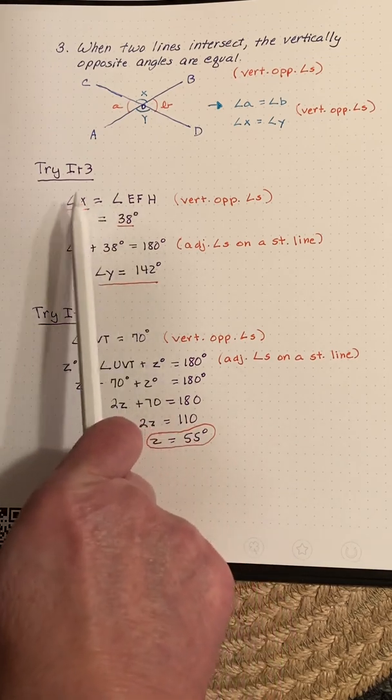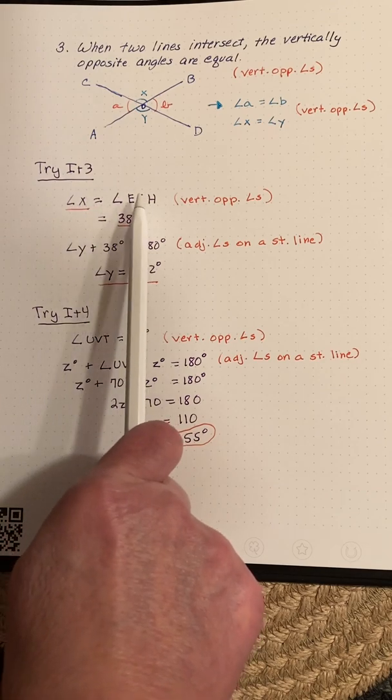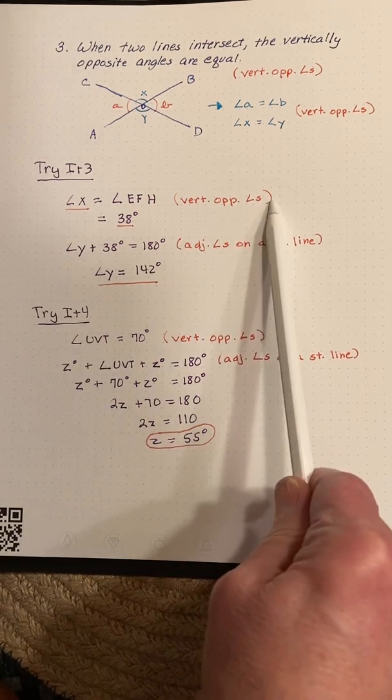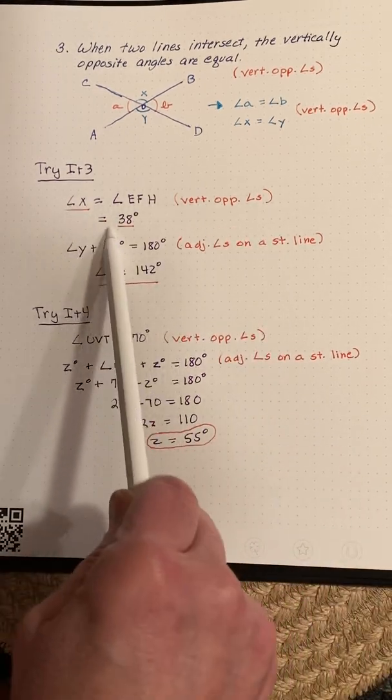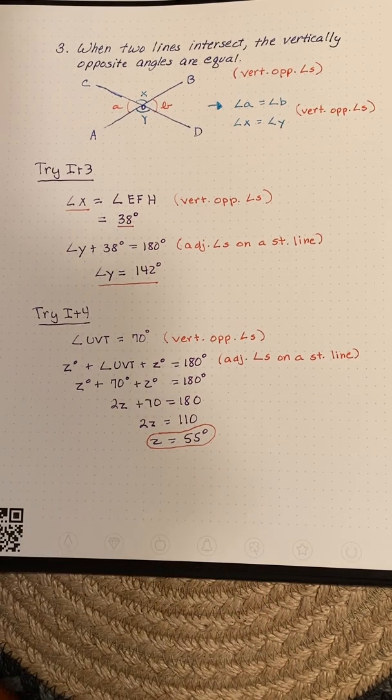So we have to indicate that those two labeled angles are vertically opposite angles, and since EFH is 38 degrees, angle X is going to equal that. All right, so there we have it. Then, because they are on a straight line, angle Y would equal angle EFK, but there's no measurement there.